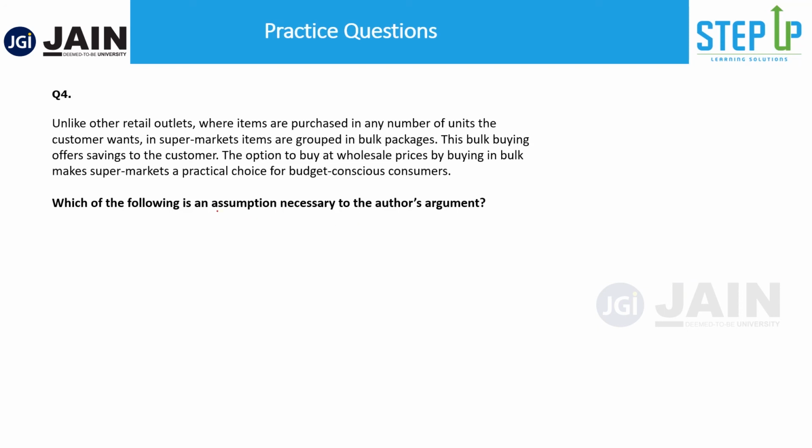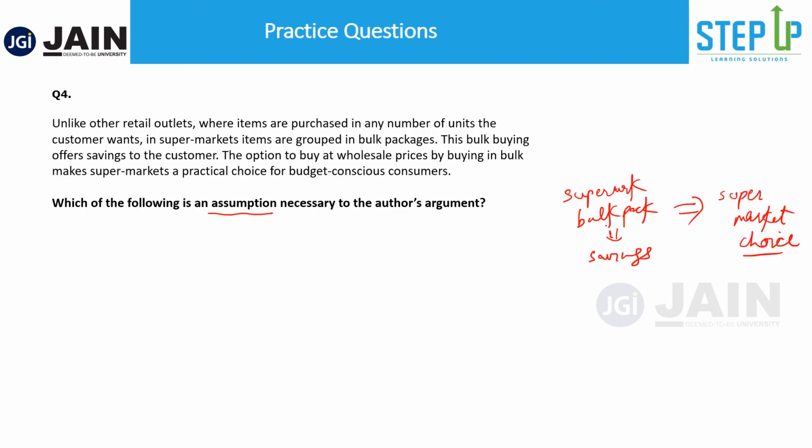The following is an assumption necessary to the author's argument. Okay, so what's the assumption he's making? Let's see. Unlike other retail outlets where items are purchased in any number of units the customer wants, in supermarkets items are grouped in bulk packages. Okay, so in supermarkets you have these bulk packages. This bulk buying offers savings to the customer, and he's saying the option to buy at wholesale prices by buying in bulk makes supermarkets a practical choice for budget conscious consumers.